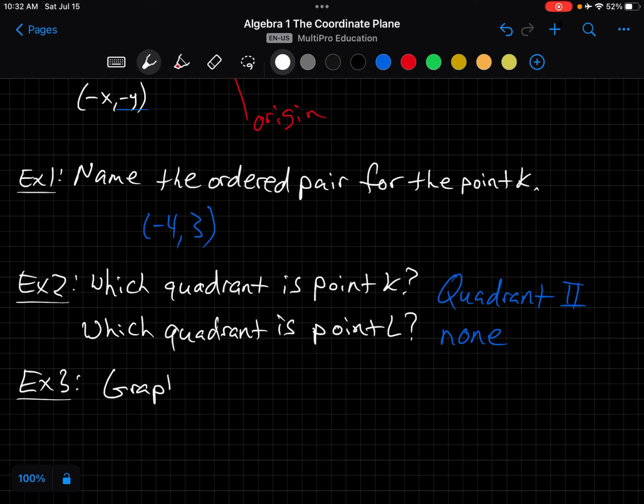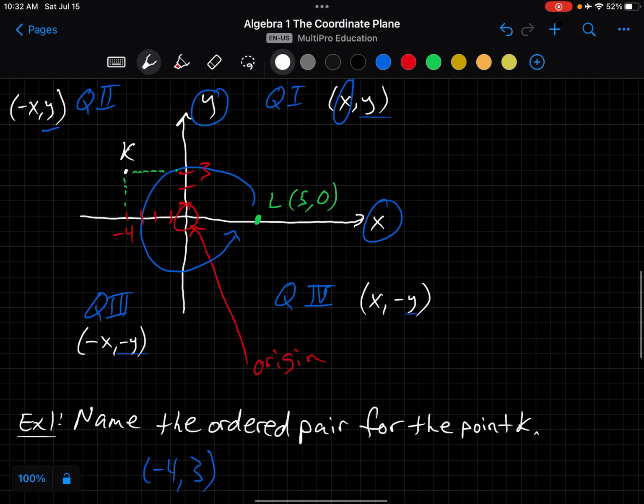Alright, now let's do another example here. We want to graph point M, and it is -2, -1. Remember, -2 is the x, and -1 is the y.